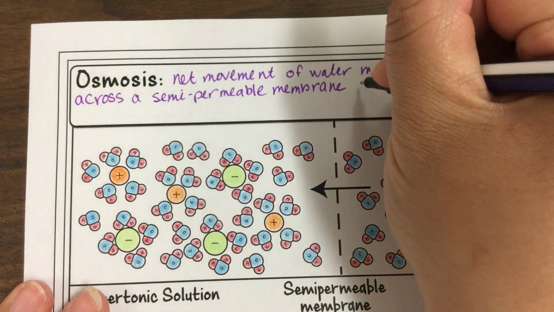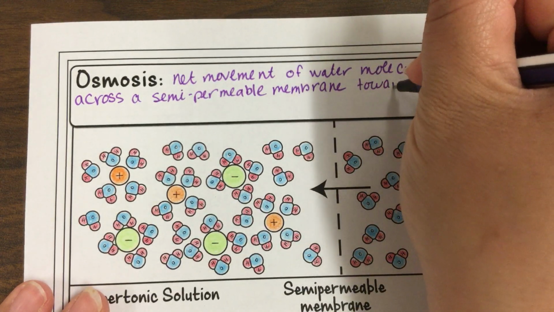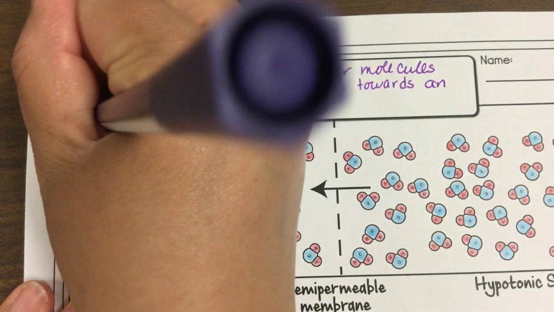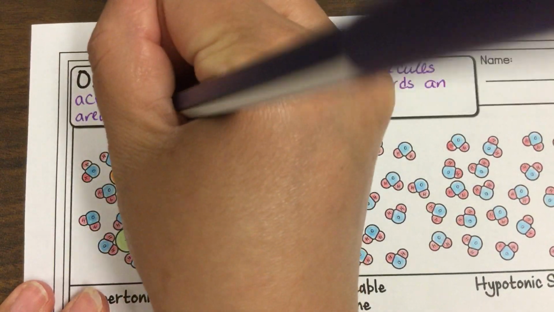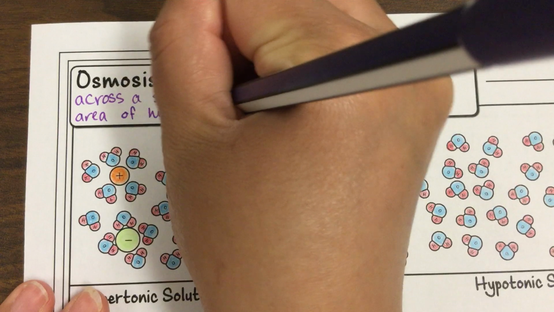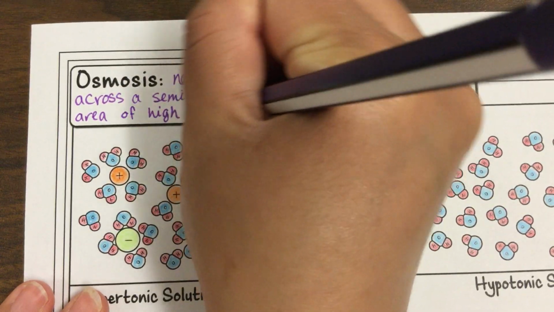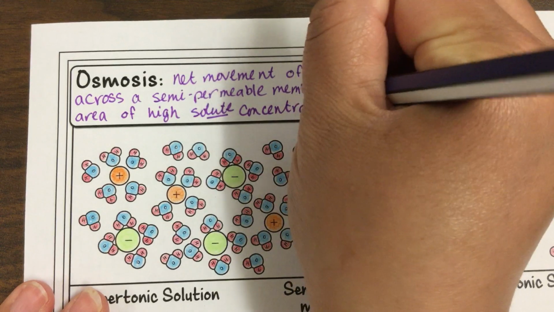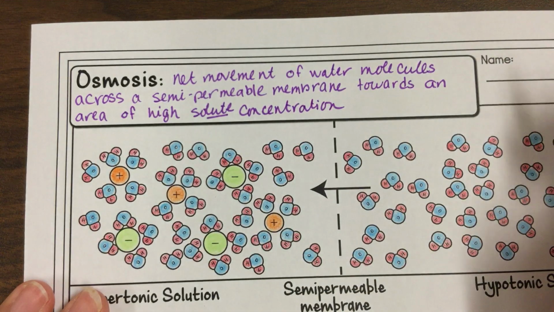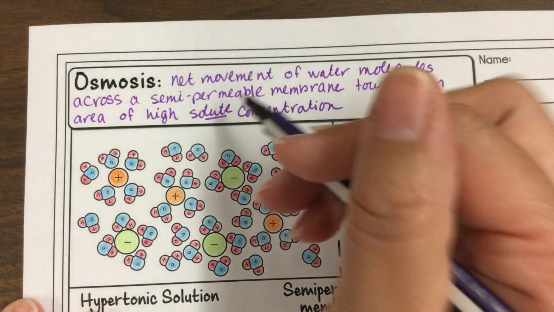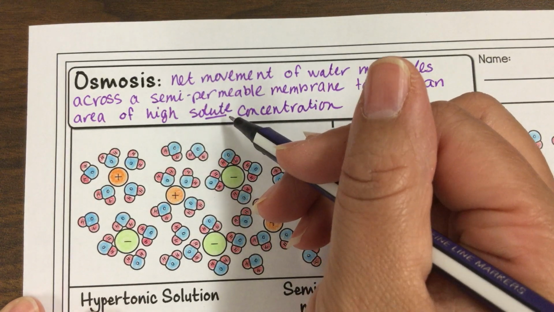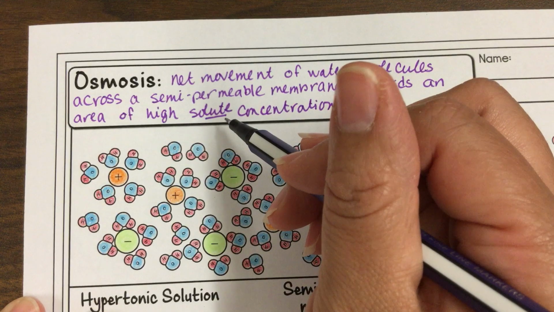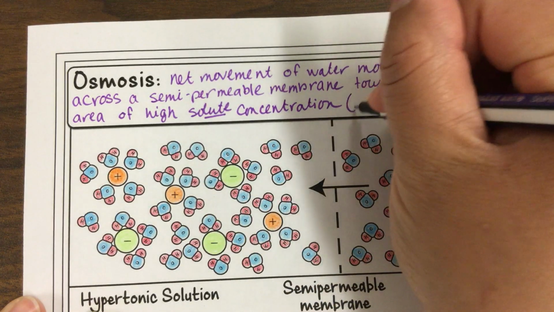Towards an area of high solute concentration. Okay, so what that means is that those solutes are going to be things like sugar, salt, ions. It wants to dilute that. Okay, so it wants to dilute.